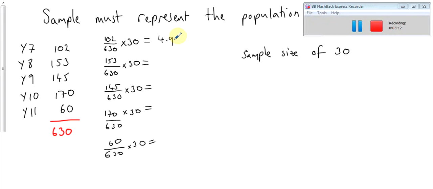And then I'm just editing on my calculator because that's the quickest thing to do. So I've got 153 now, and that gives me 7.3.